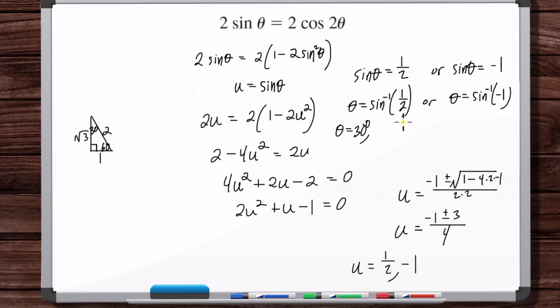Sine is positive in quadrant 2 as well, so reference angle 30 degrees would be 150 degrees. Or theta, sine is minus 1 at 270. Sine of 270 is minus 1, and that's it. So these three angles, and any angle coterminal with those three angles, would satisfy this equation.